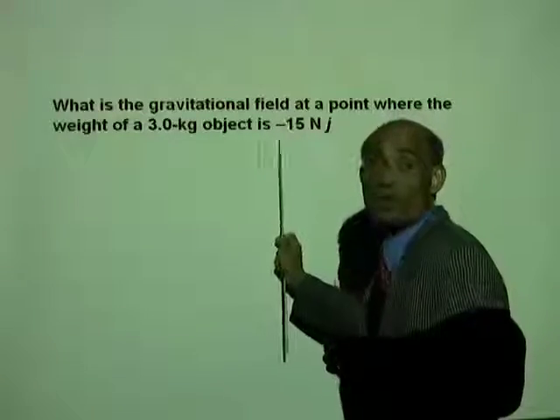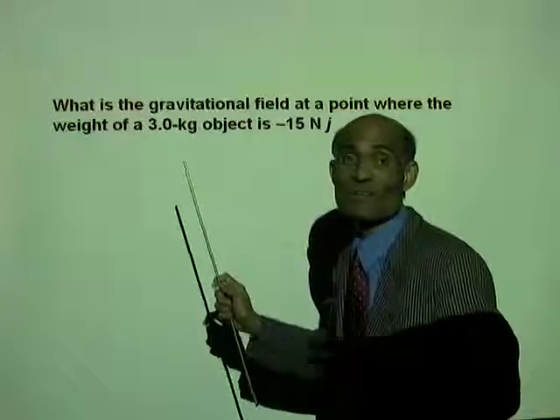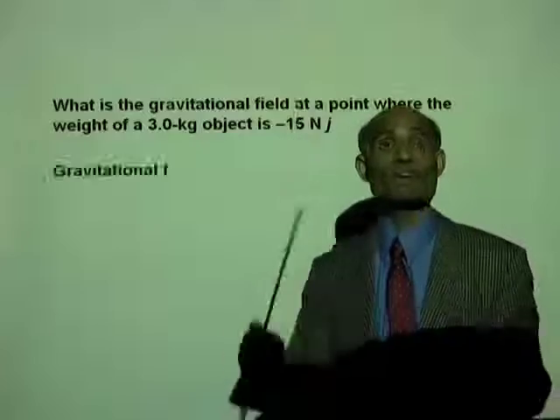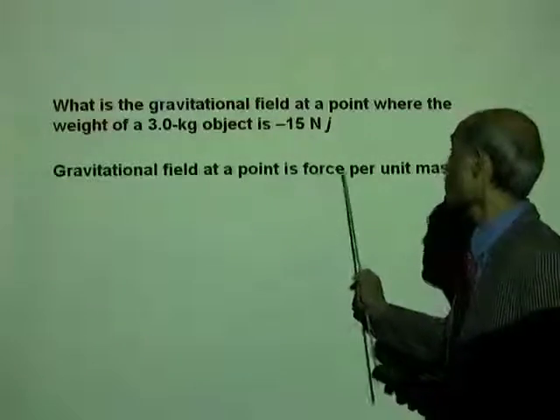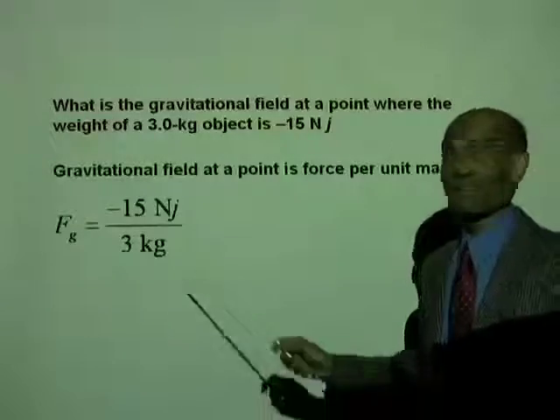If this is the force experienced by the 3 kilogram object, what will be the force experienced by 1 kilogram object? Gravitational field at a point is force per unit mass.